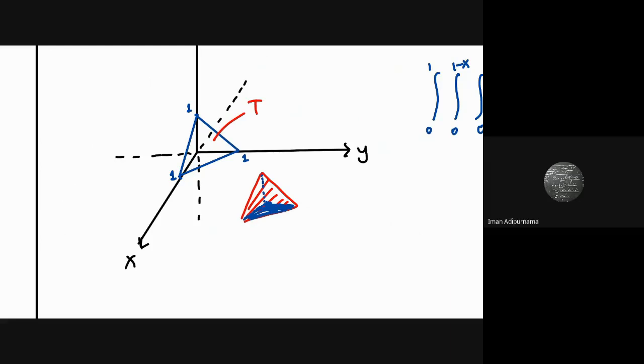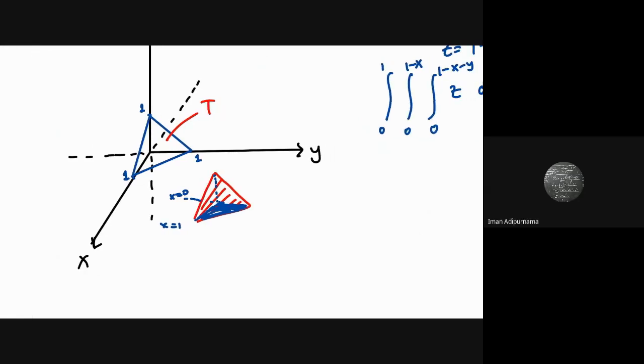And then you can look from x equals 0 to x equals 1, and this will be the y here, so this will be y equals 1 minus x.